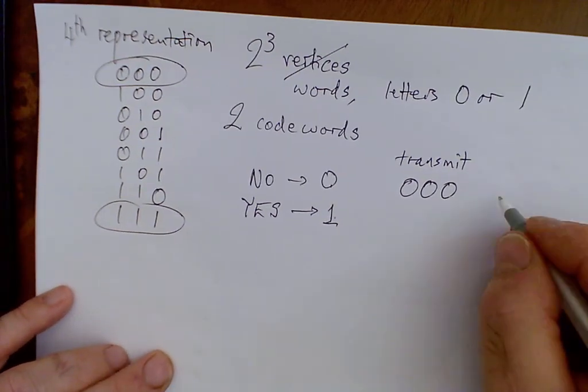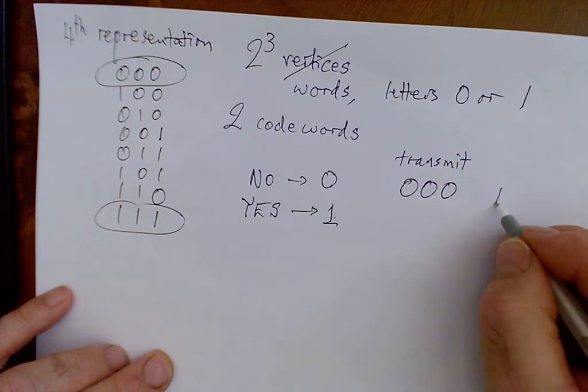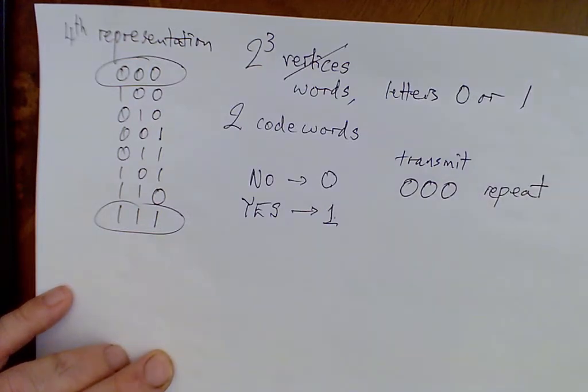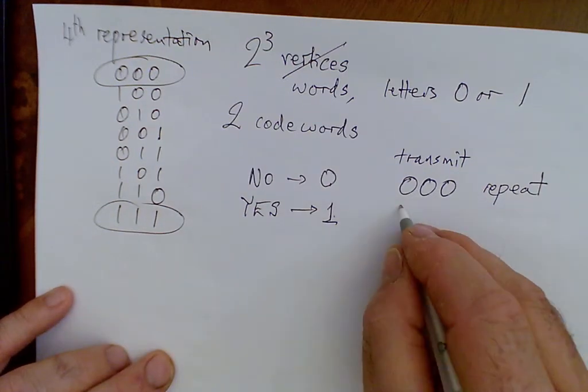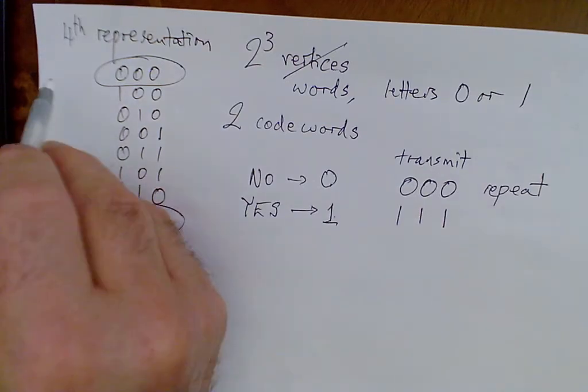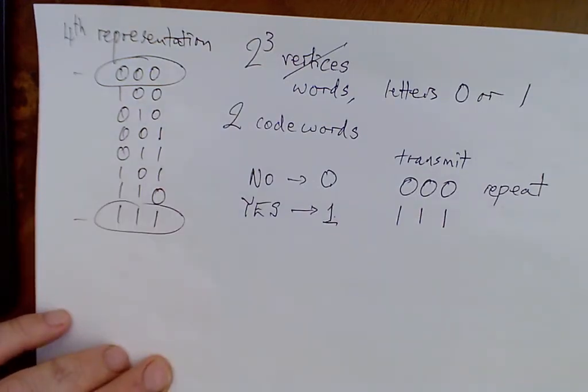So this is really a repeat code. Just repeat the number twice more, so 3 times altogether. And if we want to say yes, we don't send a single one, we send 3 ones. So in other words, we use one of these code words to send our important no or yes message.